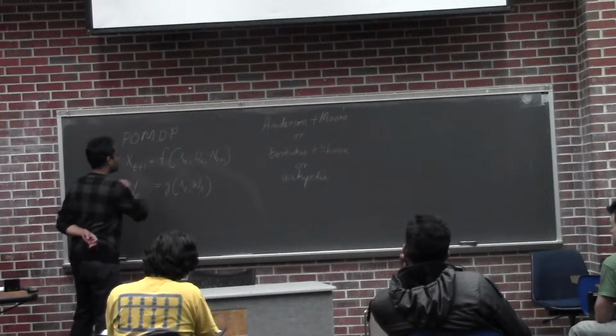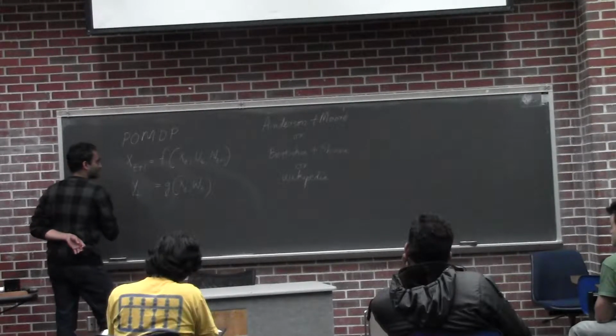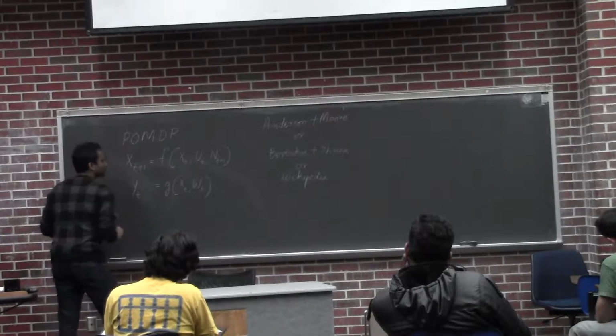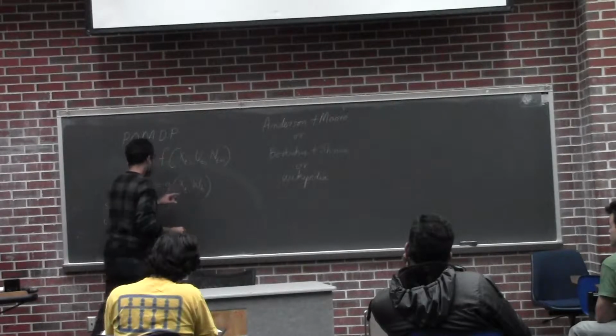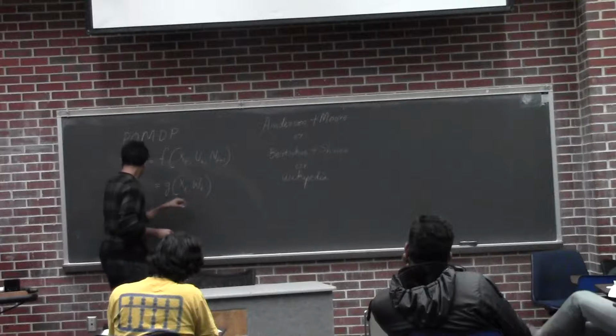So f and g could be linear or non-linear, and the noise sequences. Actually you could think of this as a disturbance to the system, and Wt as being the measurement noise or the sensor noise.